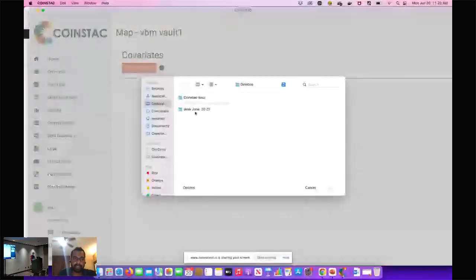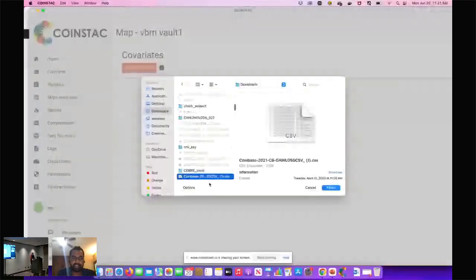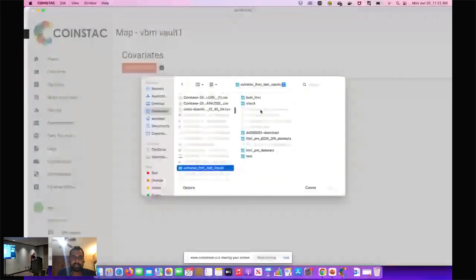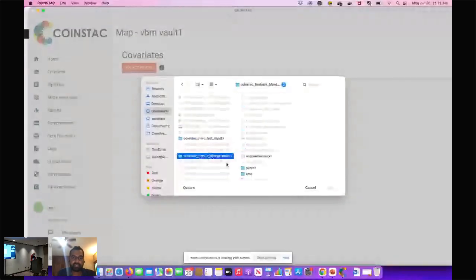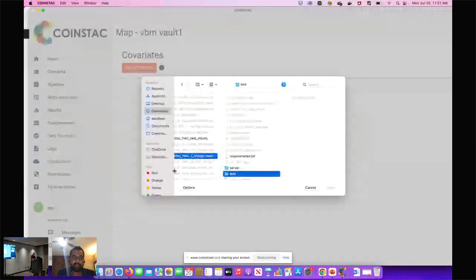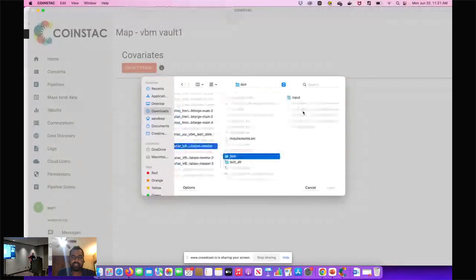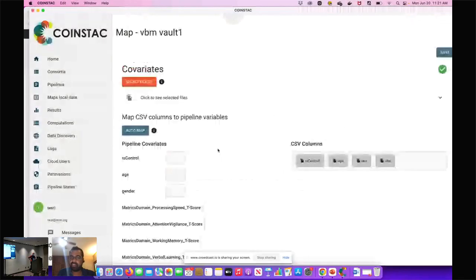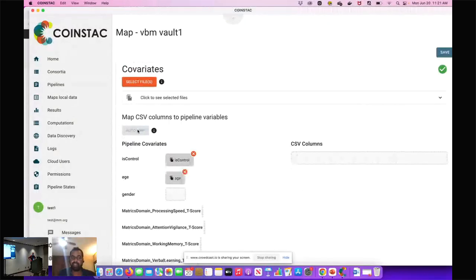In this case, I select the covariates file, and it detects the columns in the CSV file, and you can say auto map, and it maps the data to what the computation is created to receive.